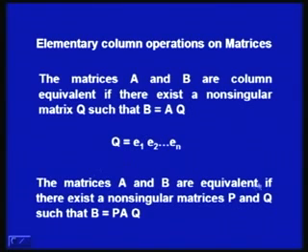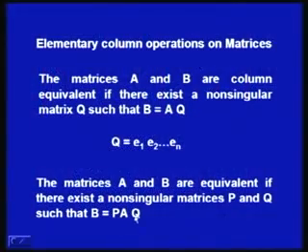Now, the matrices A and B are equivalent if there exist non-singular matrices P and Q such that B is equal to PAQ. You have a matrix A and a matrix B. One can obtain matrix B by applying simply row transformations, or by applying column transformations, but sometimes we apply row as well as column operations to the matrix A to get the matrix B. In such a situation, we say B is P times A times Q. P represents the elementary row operations and Q the column operations.